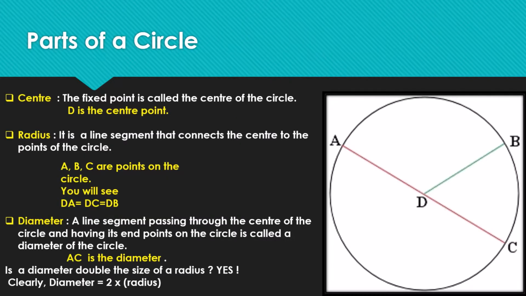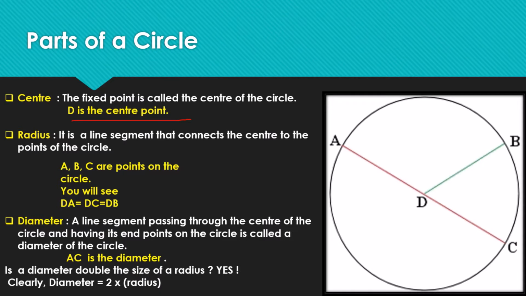So in the parts of the circle, we discuss center. The fixed point is called the center of the circle. From this figure, we find D is the center point. Next is radius. Radius is a line segment that connects the center to the points of the circle.